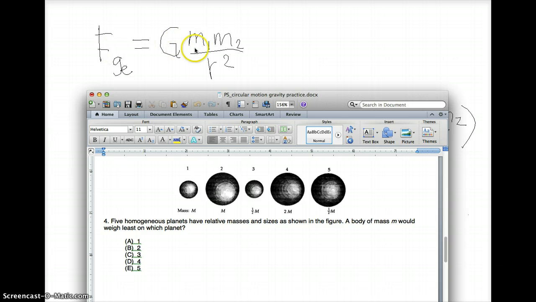If we put a factor of 1/2 on this side, what's going to happen to the force of gravity? Well, the force of gravity is also going to go down by 1/2. So it's experiencing less gravity if the mass is decreased, and that's what this problem's looking for, the least amount.